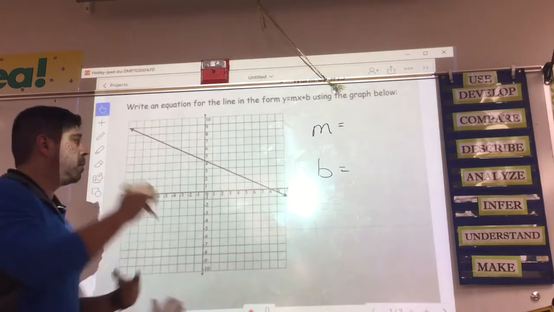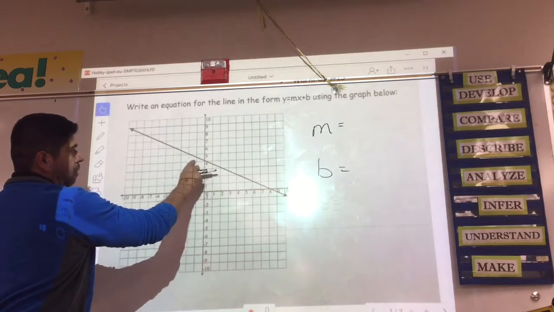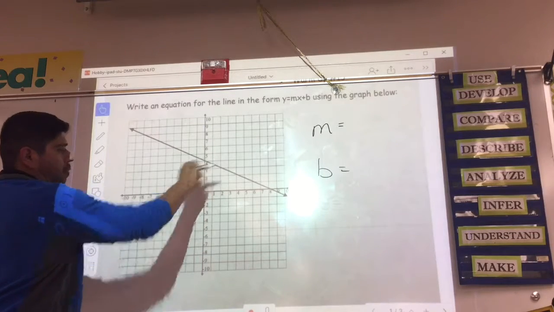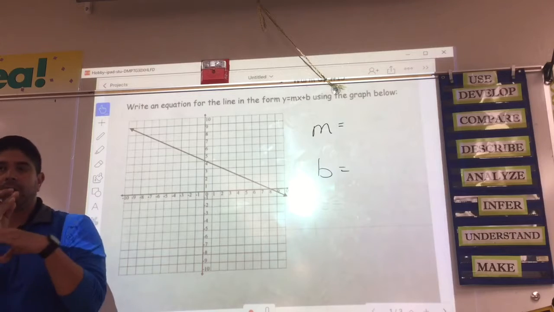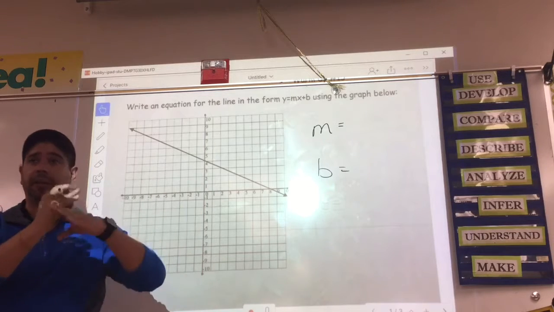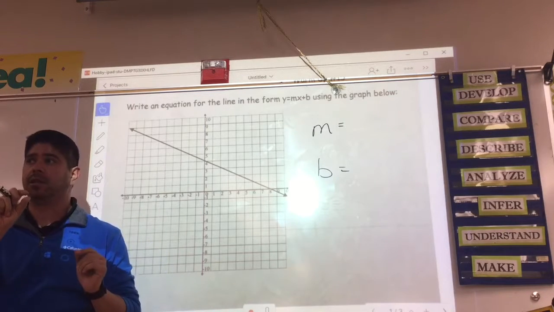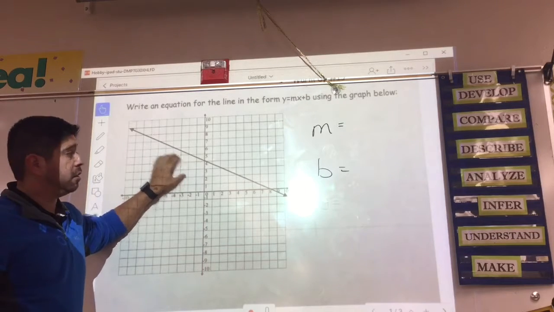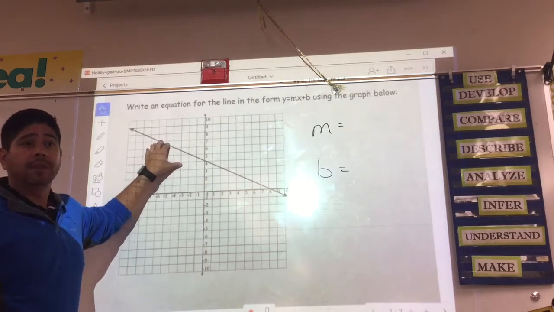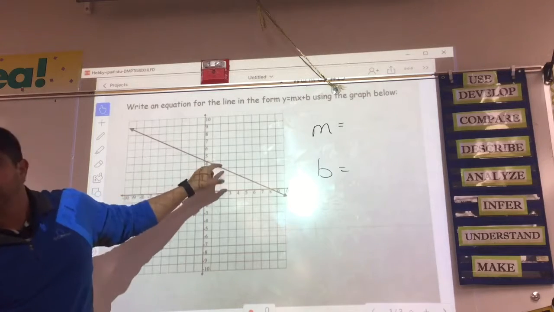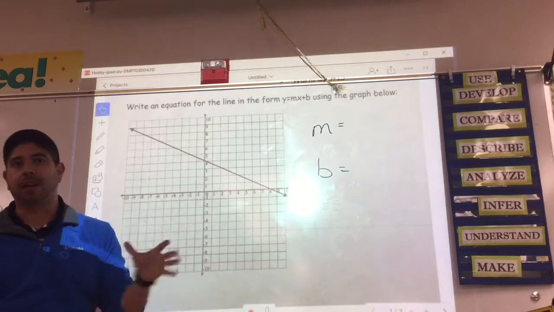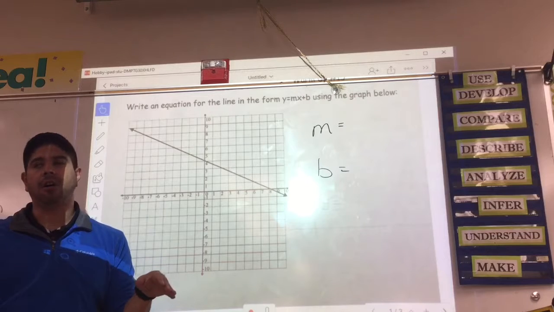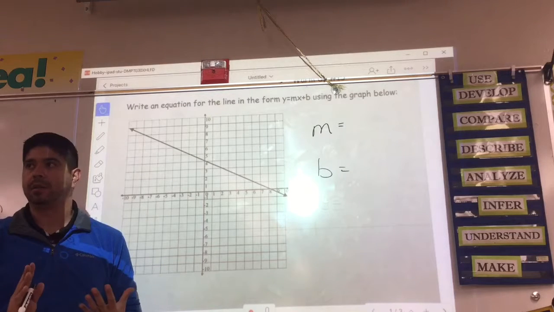Whenever we look for points, they have to be perfectly crossing where the x and y grid lines meet. Where all of these lines meet perfectly, and the line passes through, you can use that. There are a lot of different points you could use on here. If you didn't pick the ones that I pick, it's fine, because it should all simplify down to the same number.